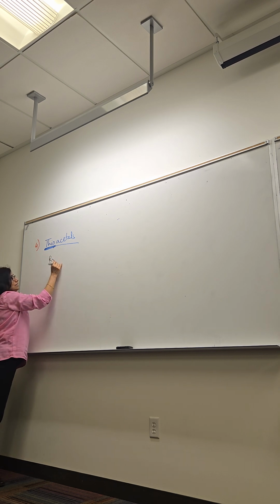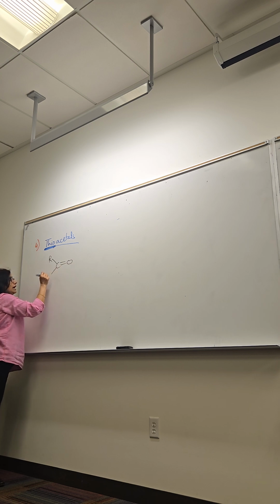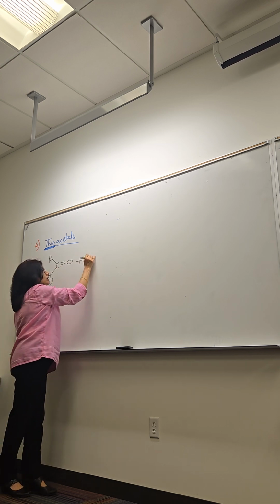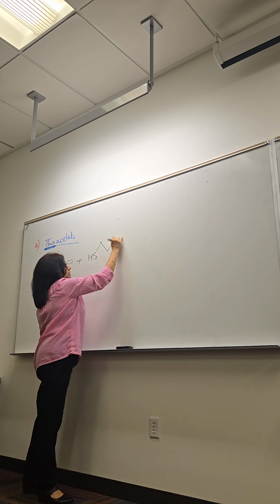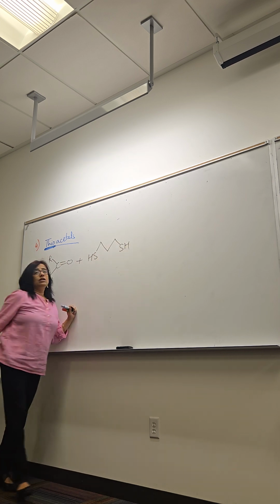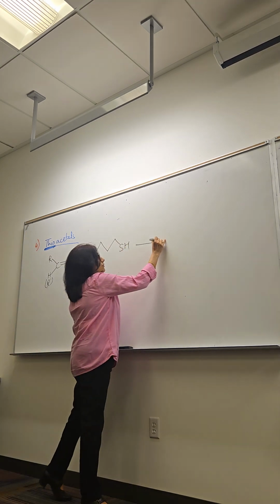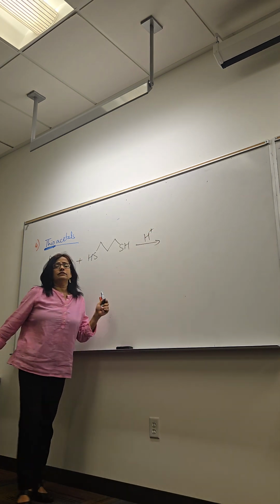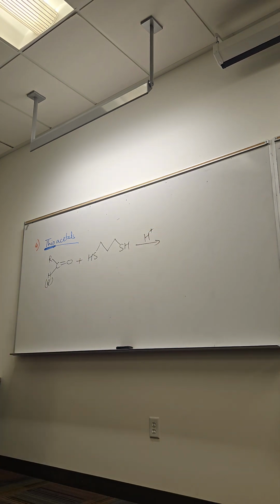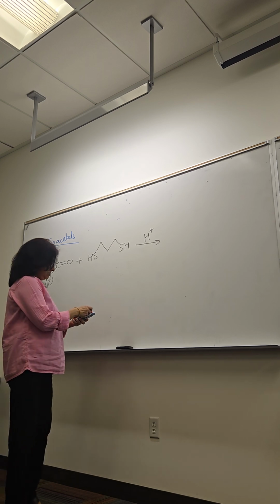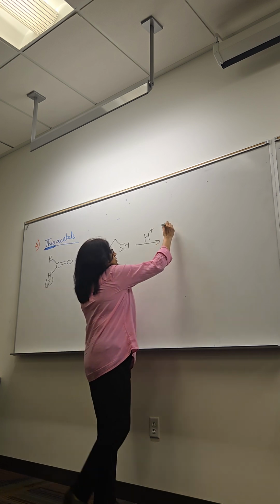If you have an aldehyde or a ketone and we react it with, instead of a diol, a dithiol in the presence of an acid catalyst, what would that create? A thioacetal.